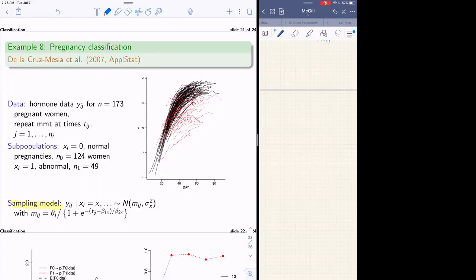So here's our sampling model for Y_ij, where i indexes the patients and j indexes the repeat visits. Y_ij is the hormone level for patient i on repeat visit j. X_i is an indicator for normal versus abnormal pregnancy.